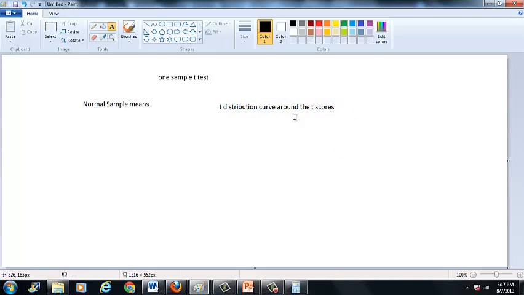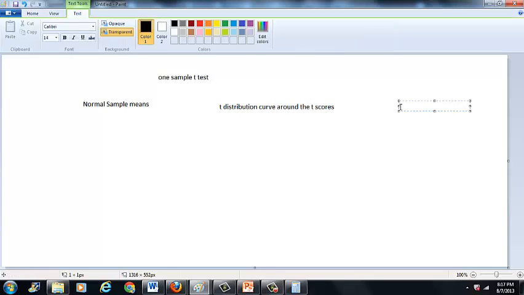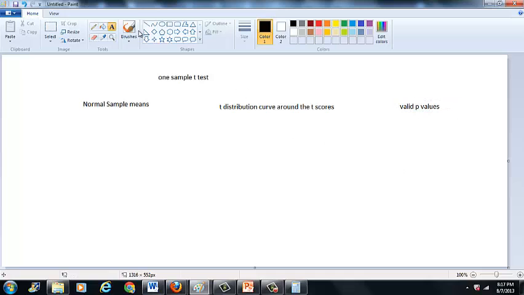And when you have a t-distribution curve around the t-scores, you get valid p-values. Valid p-values can be calculated. And each of these things leads to the other one.